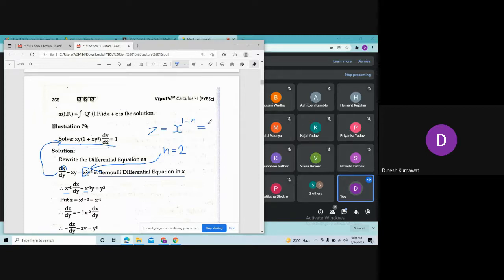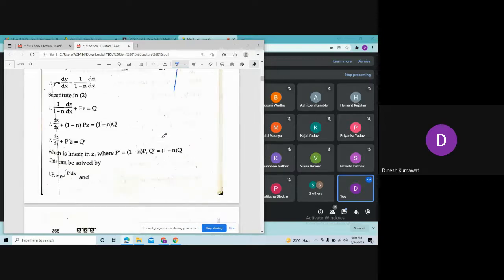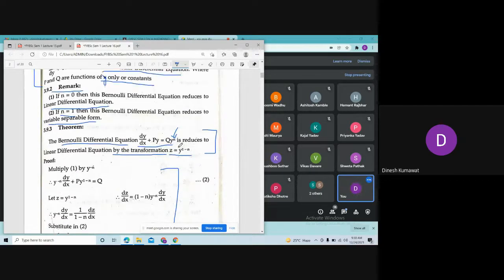But what is n? Sir, n is 2. So what do we put for z? x to the power minus 1. Now where did we get this from? This is using this theorem. We are going to use this transformation. If there were y here, we would take y to the power 1 minus n, but in our problem there is x here, so we took x to the power 1 minus n, and we are going to call this term z. Is that clear? Yes, sir.